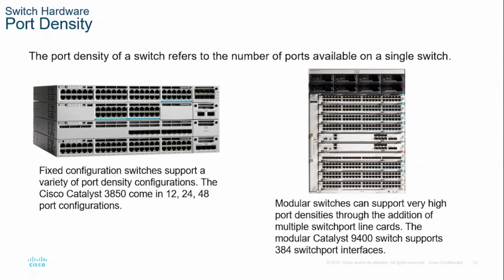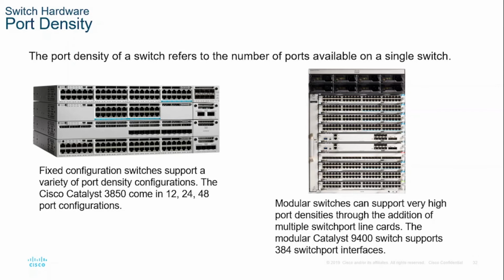The port density of a switch refers to the number of ports available on a single switch. The figure shows the port density of three different switches. Fixed configuration switches support a variety of port densities.